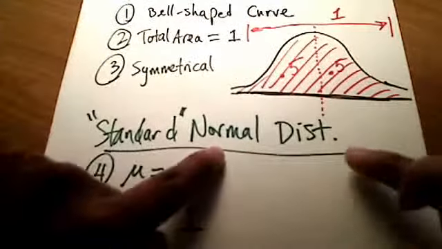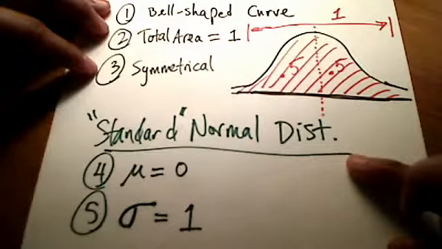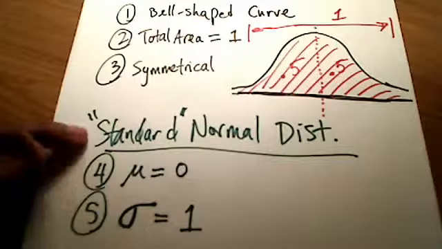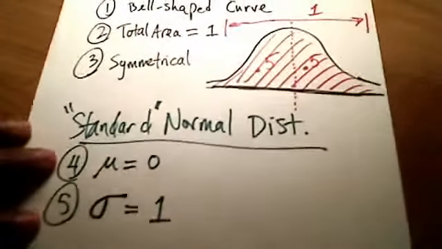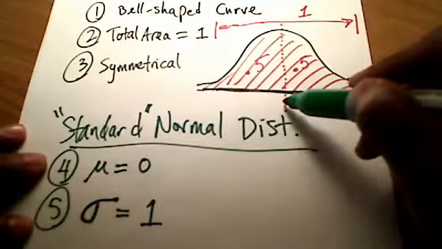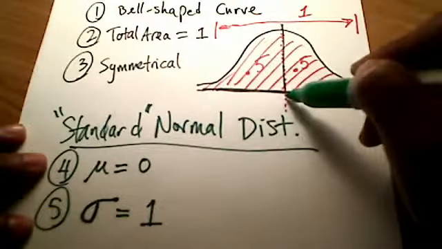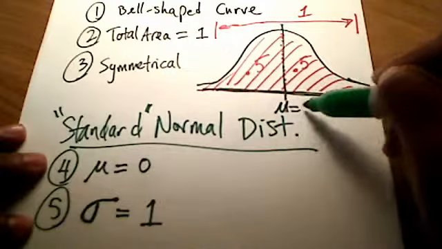So there's normal distribution, which means these three things we covered a second ago. But when you read the word standard normal, these two things also come into play, which means, going back to this picture here, that the mean sits right here in the middle and is 0.